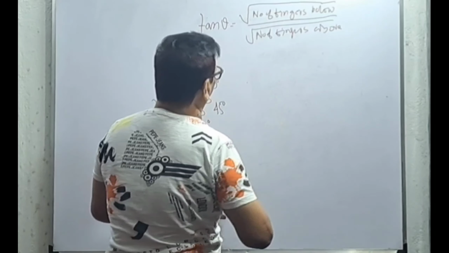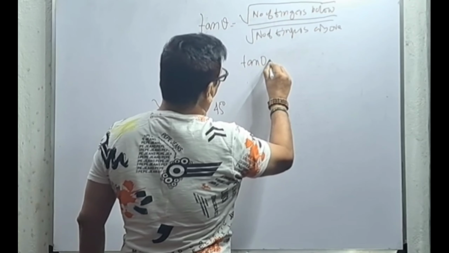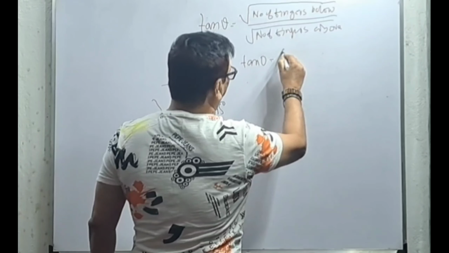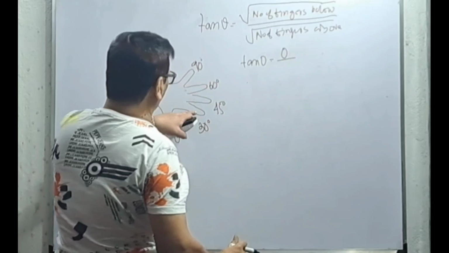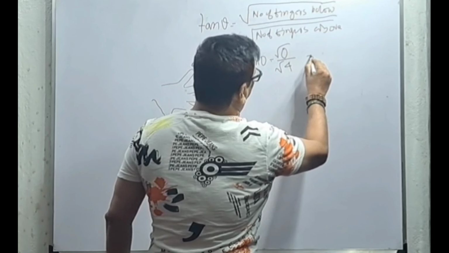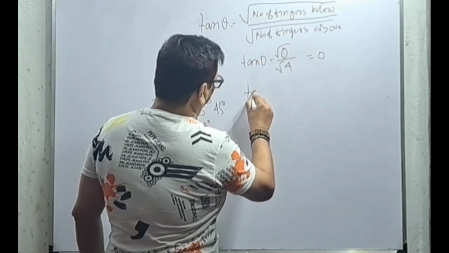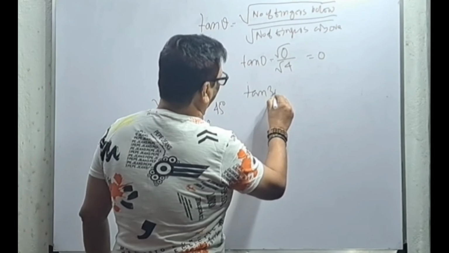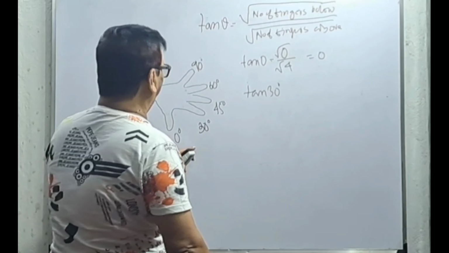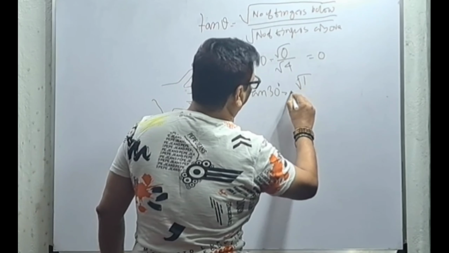So let us find out tan 0. Let's start right from the top. Tan 0: the number of fingers below is 0. The number of fingers above is 1, 2, 3, 4. So it is equal to 0. Tan 30: remember the fingers. The number of fingers below, root over 1.